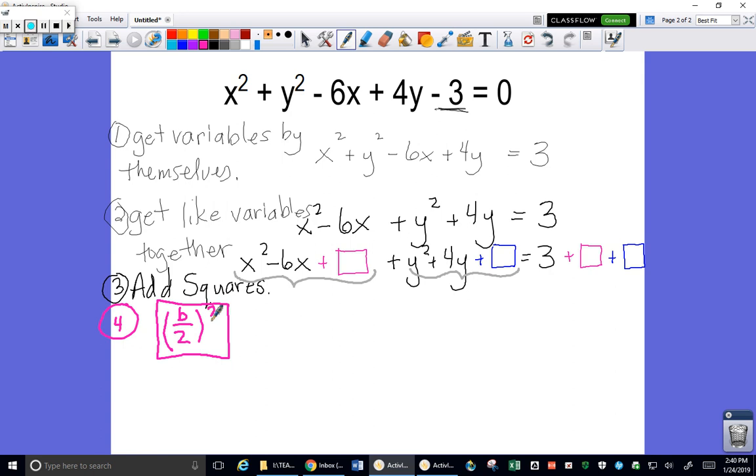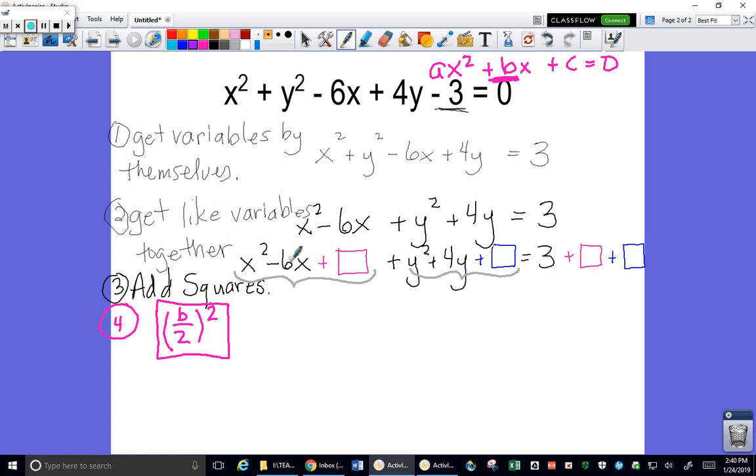We could add whatever number we wanted to, but we want to add this special number that makes this a perfect square. Now if you remember from Algebra 1, a general quadratic is ax squared, where a is the coefficient of x squared, plus bx plus c equals 0. So when I'm talking about the b term, I am talking about the number in front of your single variable.